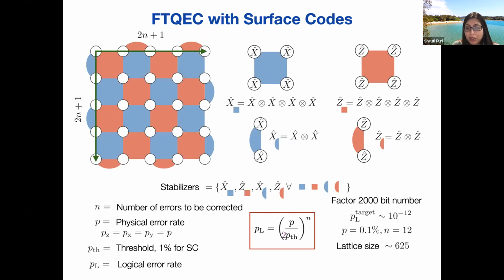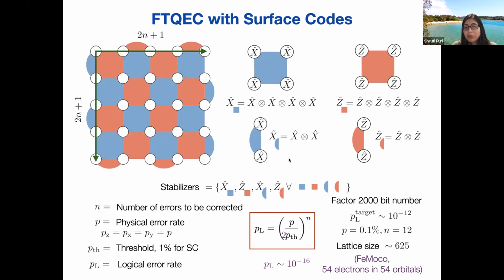Now, say you were magically able to increase the threshold by a factor of 2. Then for the same parameters, the same p and same n, you'll be able to get to much lower logical error rates. And now you'll be able to tackle much bigger problems like finding the ground state of this big FeMoco molecule, which is used for nitrogen fixation.